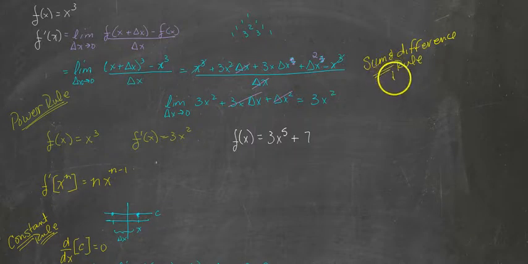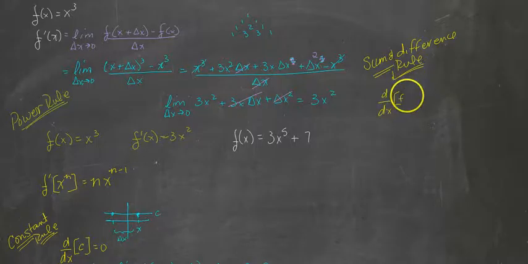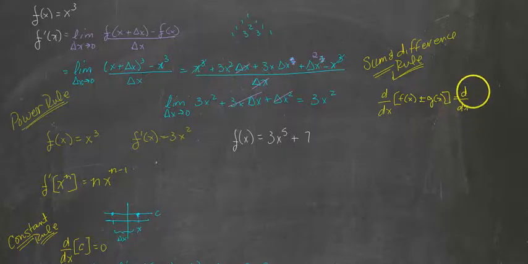This one says that if you're calculating the derivative of two functions that are added or subtracted, so f of x plus or minus g of x, then you can take the derivative separately. So this is exactly the same thing as taking the derivative of f of x and then adding or subtracting whatever the derivative of g of x is.